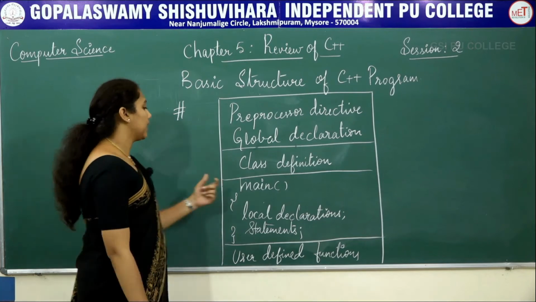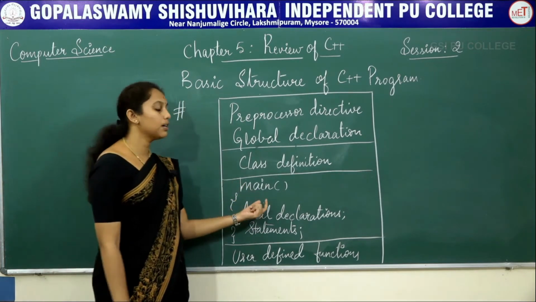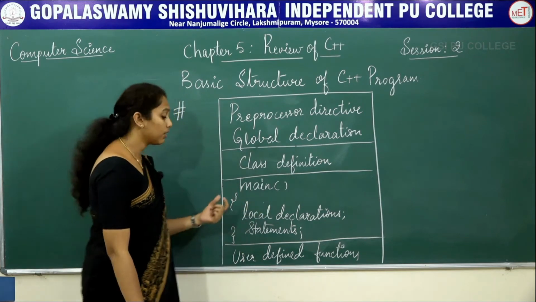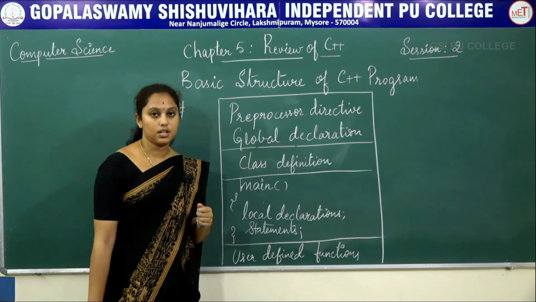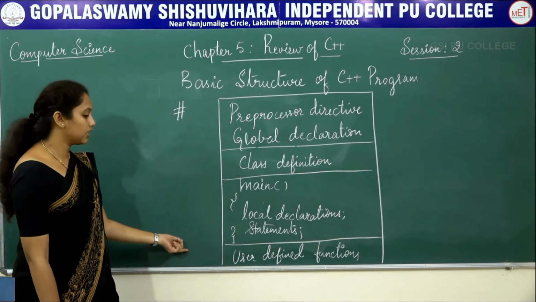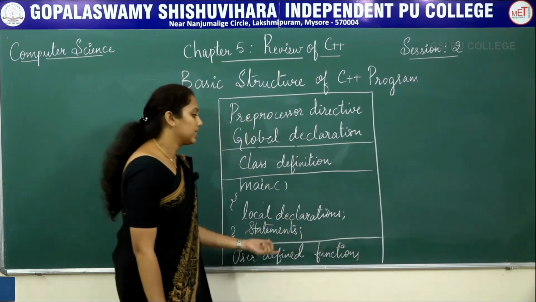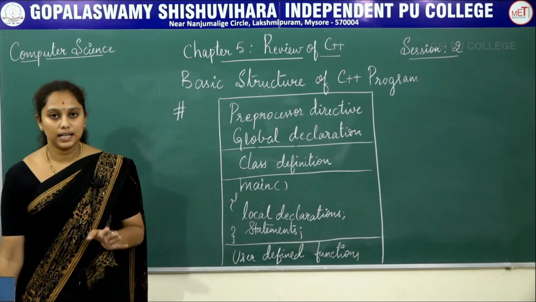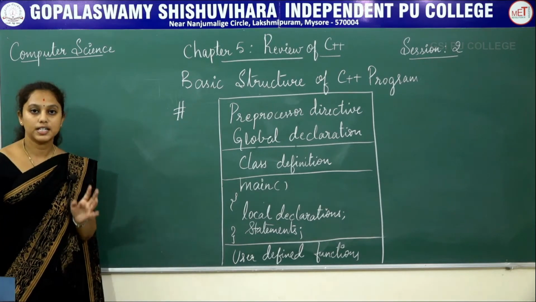Usually the execution starts from the first statement of the main function. Next section is user-defined functions. User-defined functions are the functions defined by the user, and it is an optional section. So this is about the basic structure of C++.